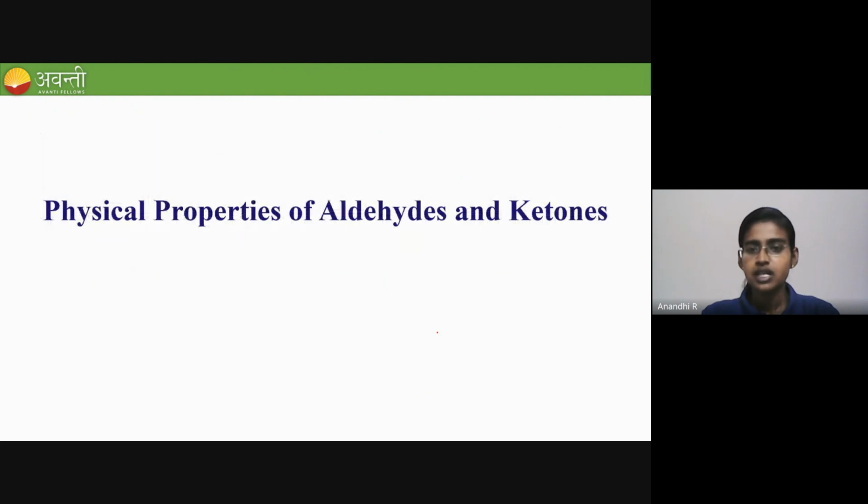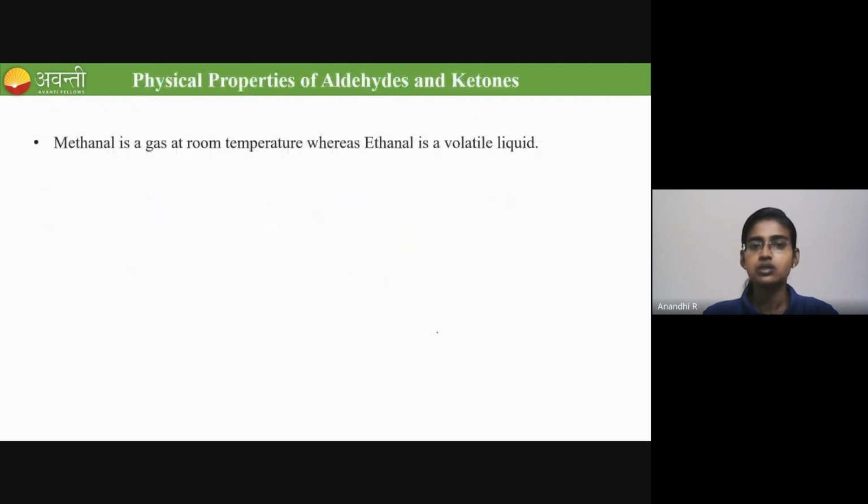So in the physical properties of aldehydes and ketones, first, methanal is a gas. So what is methanal? Methanal means the one carbon containing aldehyde, which is HCHO. So methanal is a gas at room temperature, whereas ethanal, which means CH3CHO, is a liquid.